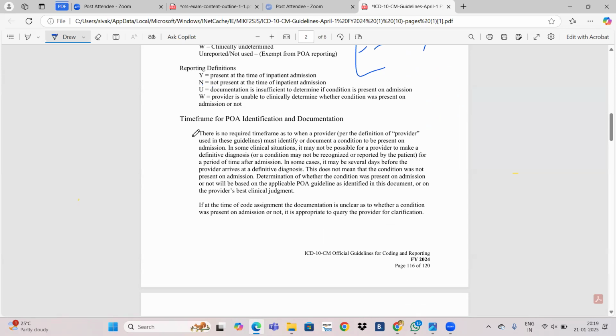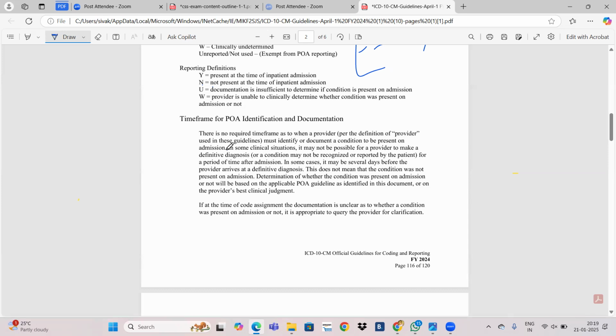Read the first line. There is no required time frame as to when a provider must identify or document a condition to be present on admission. So is there any time frame to assign the POA? No. So unlimited time frame or no time frame we need to select.